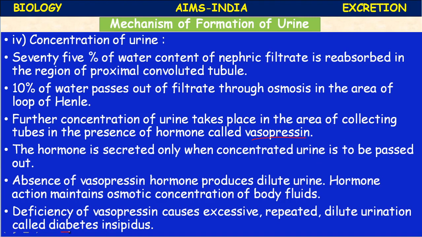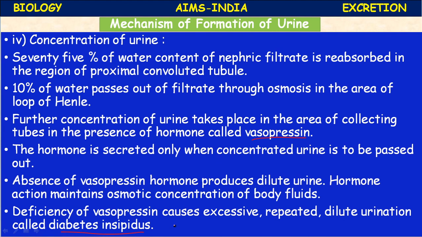Diabetes mellitus is another disease, which is caused due to the deficiency of insulin secreted by the pancreas. But this diabetes is different from that. Diabetes insipidus means passage of excess or repeated urine, and dilute urine. Okay, these people cannot enjoy journeys.